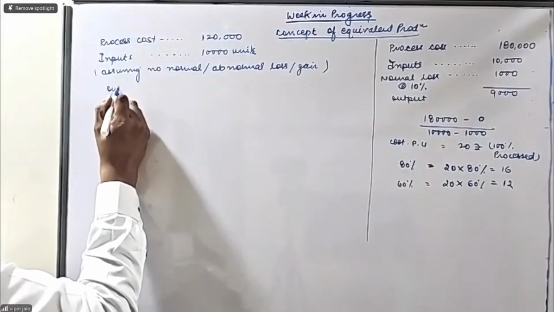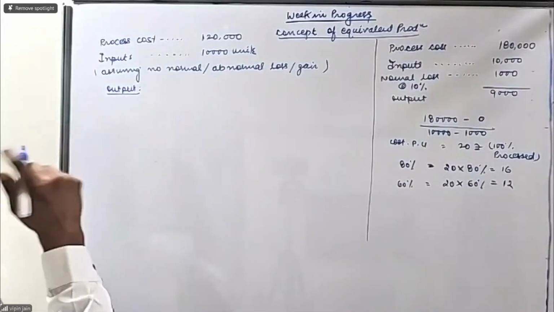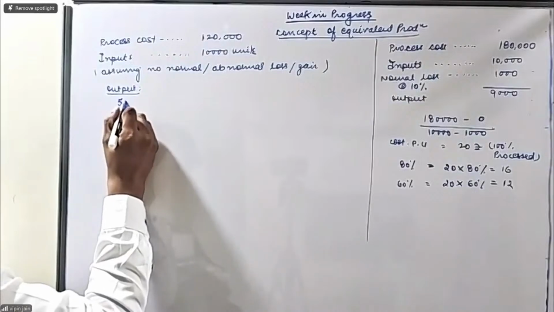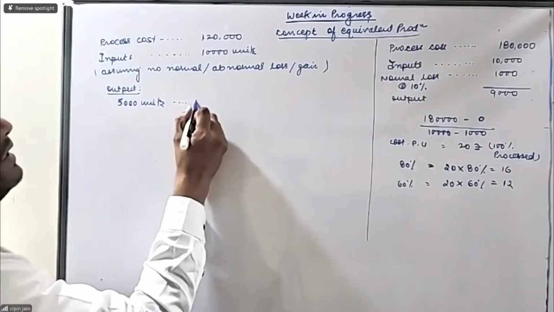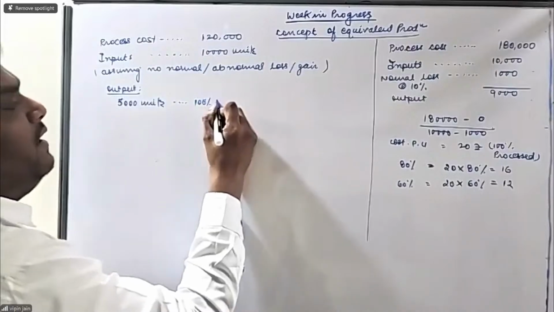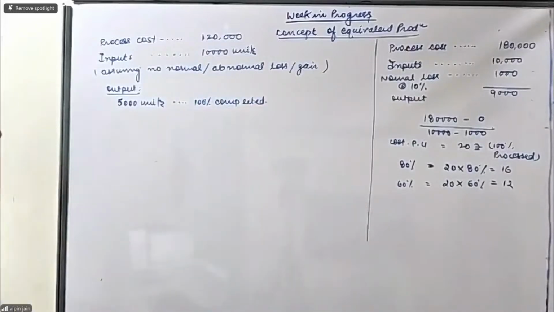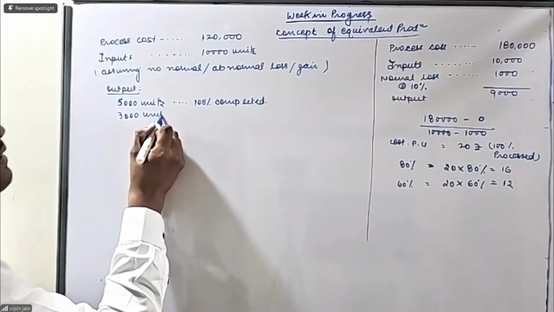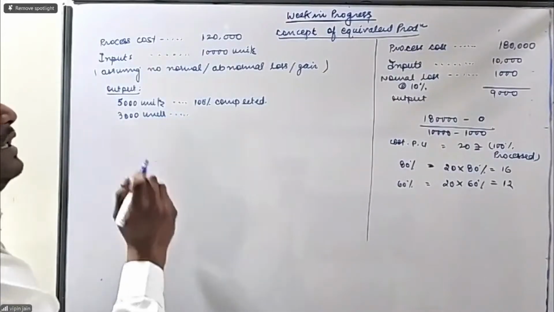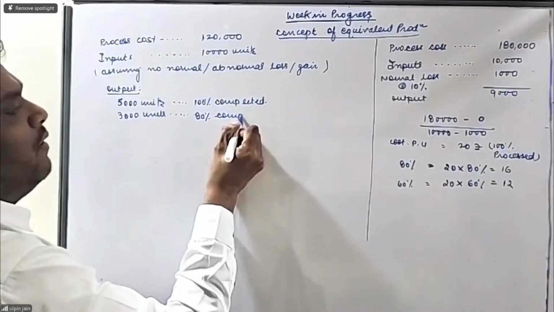Now, when talking about the output, we have the following details. We have 5,000 units that are 100% completed. Three thousand units that are not 100% completed, they are only 80% completed.